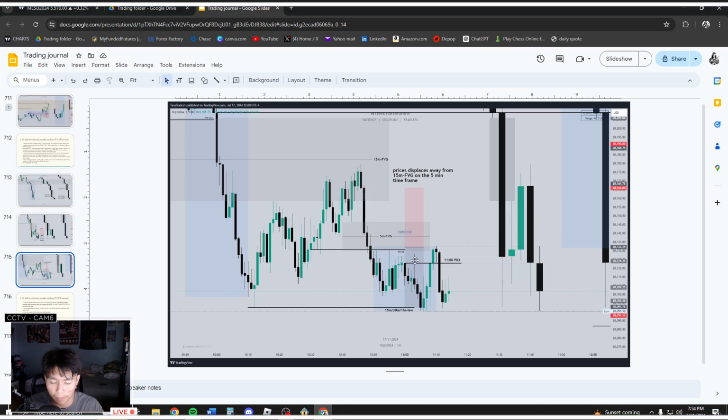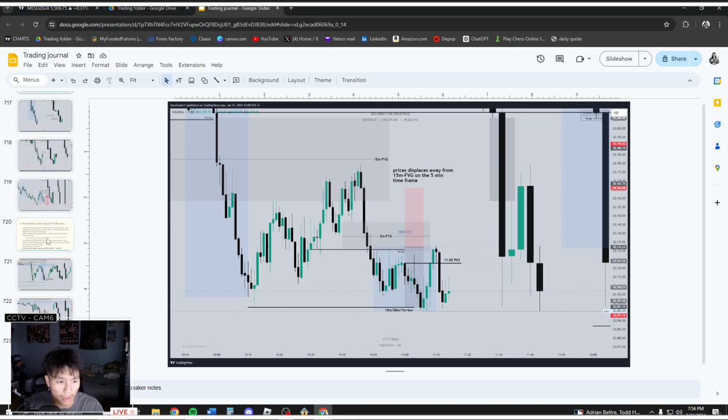The initial entry was a little bit too early, and we ended up taking out the 15-minute, 30-minute, and 1-hour low. I didn't chase this next move either. My objective for this trade has been taken, so I'm not going to chase it even though we get another retracement back into it. It doesn't fit my trade plan.